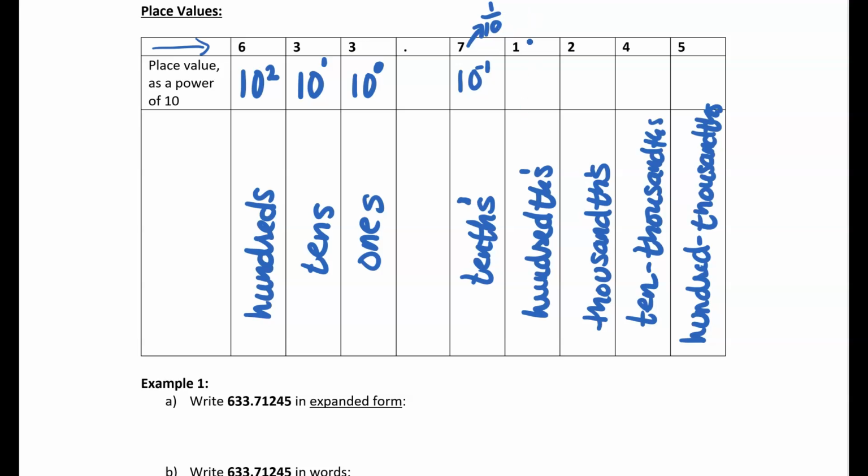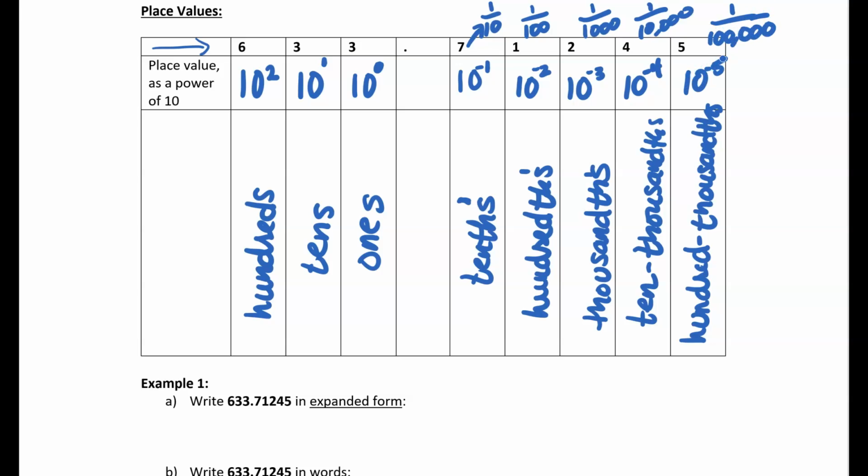The hundredths place is 1 over 100, or 10 to the negative 2 power. Thousandths place is 1 over 1,000, and that's 10 to the negative 3. 10 thousandths place would be 1 over 10,000, and that's 10 to the negative 4. And last, 100 thousandths, so 1 over 100,000, and that's 10 to the negative 5.